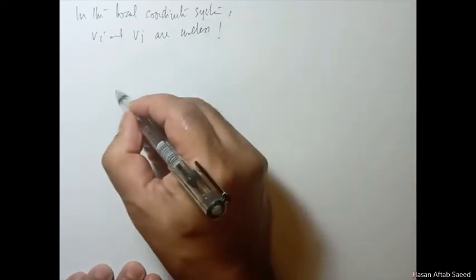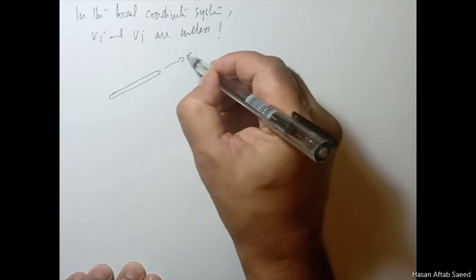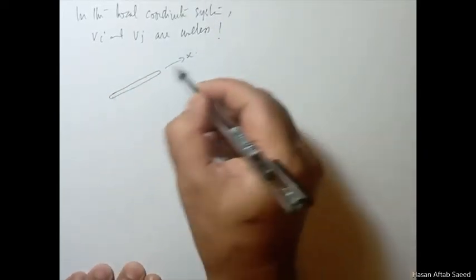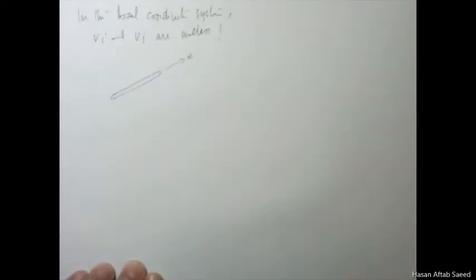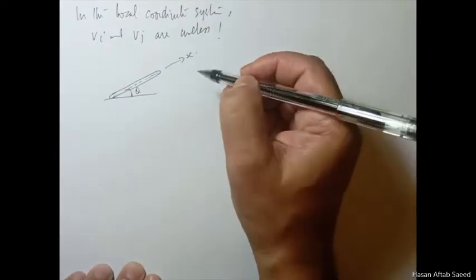Why? Let's see. If this is our x coordinate system, locally we will just align our coordinate system with the orientation of every element. So let's say this element is at an angle theta. We orient our local coordinate in that direction also.